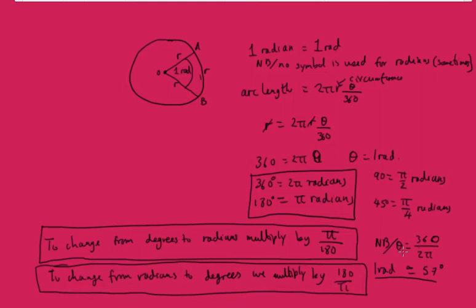Now let's look at a couple of examples. Let's change 30 degrees to radians, and we give it in terms of pi.